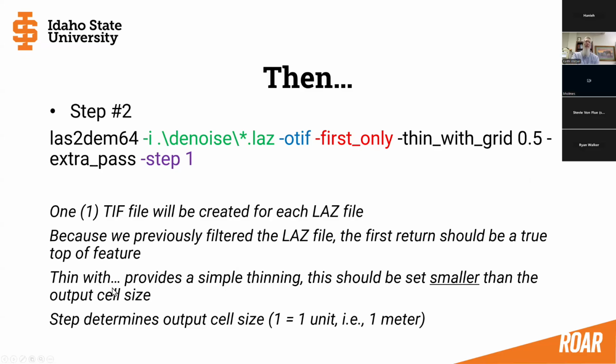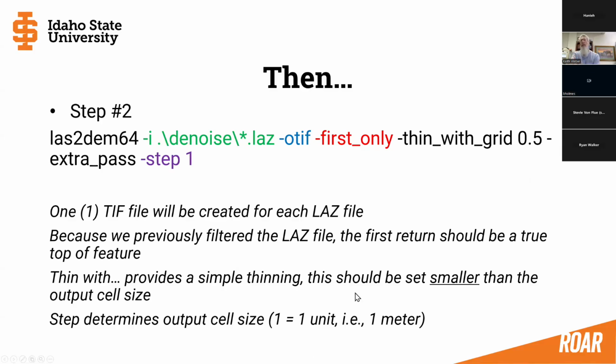So thin width, this provides real simple thinning. And so when you're setting this, this is a recommended value when we are running what they call step of 1. Step of 1 means that the output cell size is a value of 1 unit.